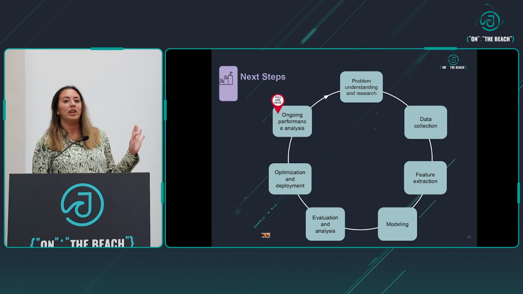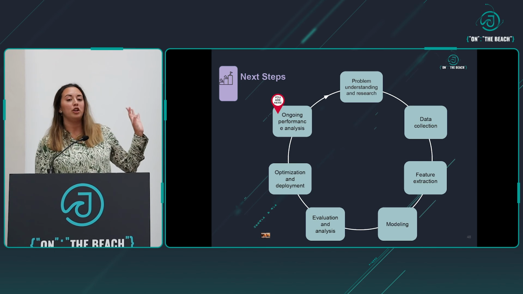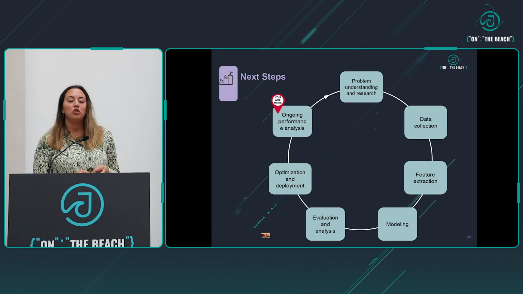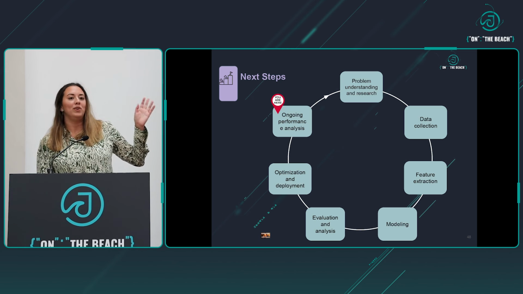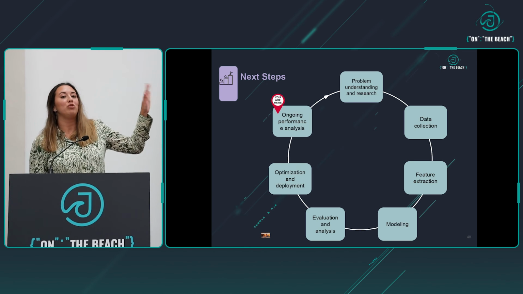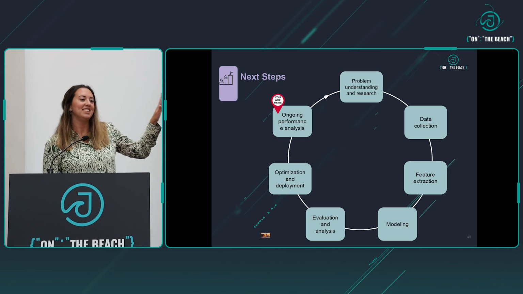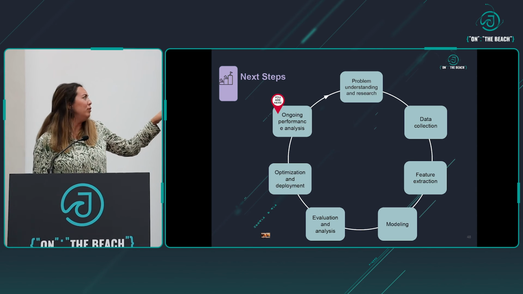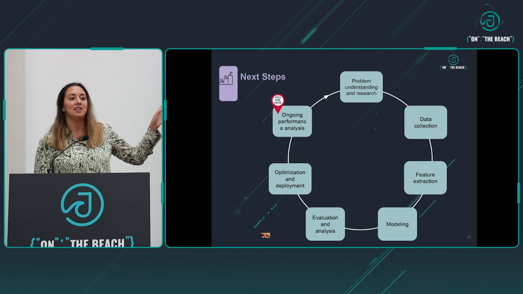We are working on, as I said, the optimization of the models. We are using ONNX for that to make it easy to run the model in any device or platform, and also speed up inference. But as you know, machine learning is an iterative process, and we are going through all of the 5 phases all the time. We are running some improvements in the feature extraction, as I said.